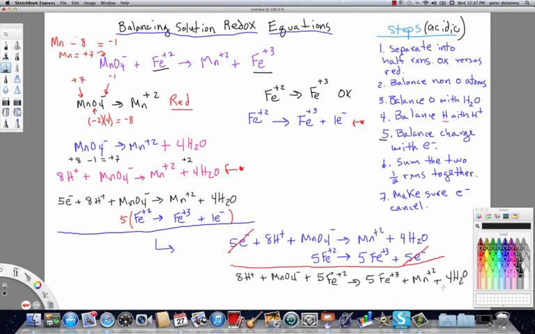All right, so that is the correct net ionic equation for the chemical oxidation reduction reaction between permanganate and iron 2.